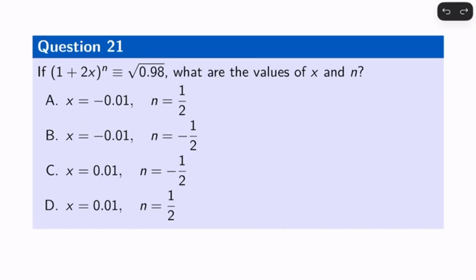Question number 21. If (1 plus 2x) all exponent n is logically equivalent to the square root of 0.98, what are the values of x and n? Solution. Here we have (1 plus 2x) all exponent n, and we're being told that this is equivalent to the square root of 0.98, right?